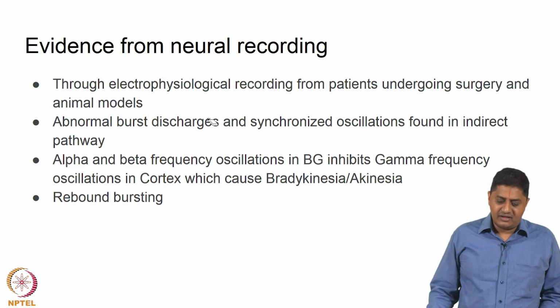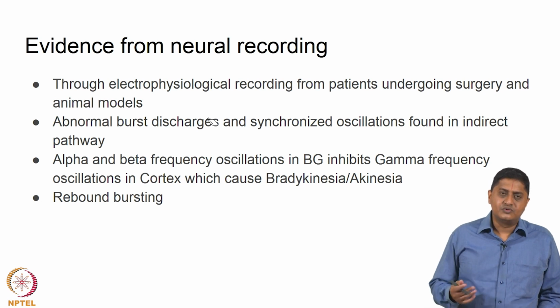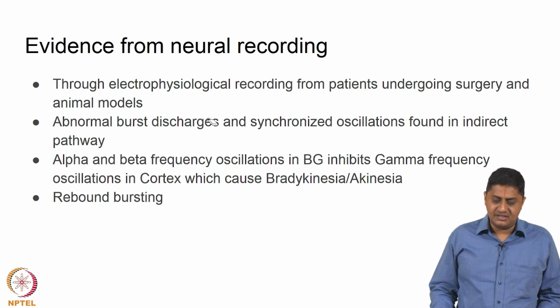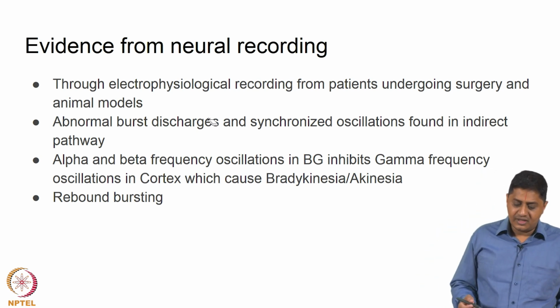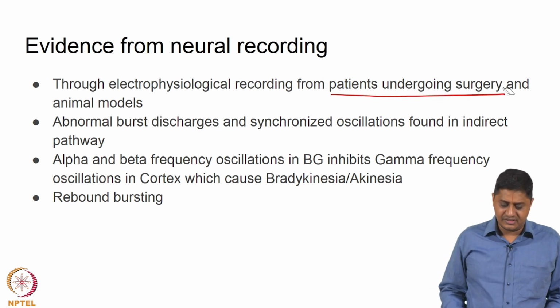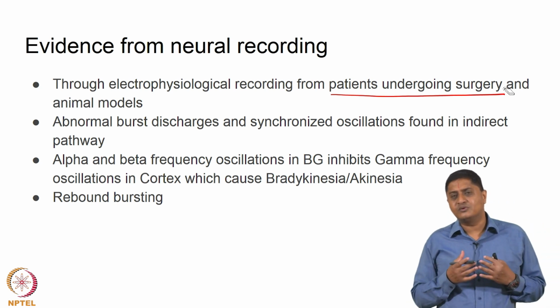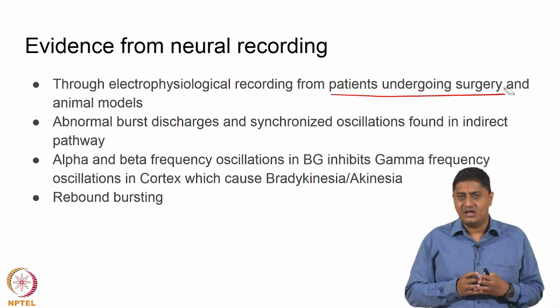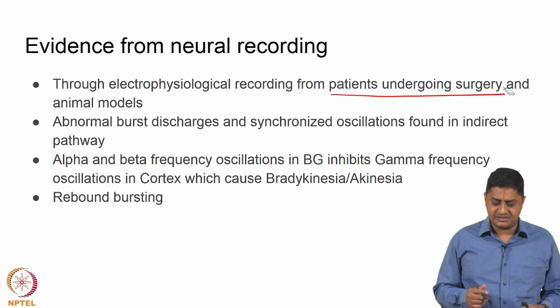That kind of understanding usually results from recording of neurons from specific regions in the basal ganglia, right. Through electrophysiology recording from patients undergoing surgery and from animal models, what has been found is that the particular cases that could not be explained by the rate model are explained by oscillations that are either synchronous or not synchronous, right.